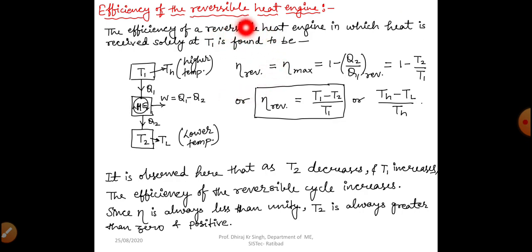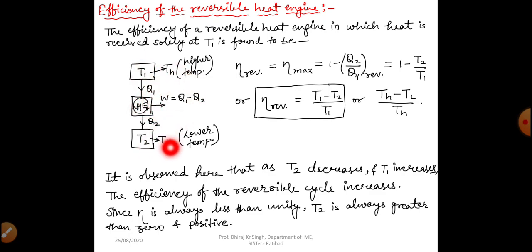Earlier, how were we finding out the efficiency of a reversible heat engine? Earlier we were finding it with the help of heat transfer, right? But now we can very easily find it out with the help of temperatures. So here we can see the efficiency of a reversible heat engine in which heat is received solely at T1. This is the heat engine and we are getting heat from temperature T1 here.